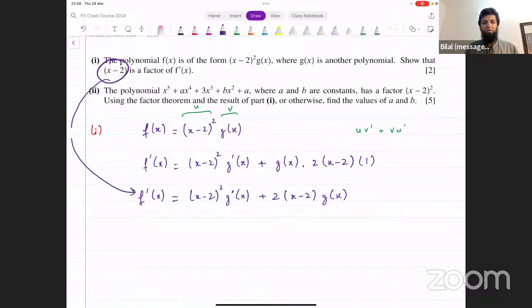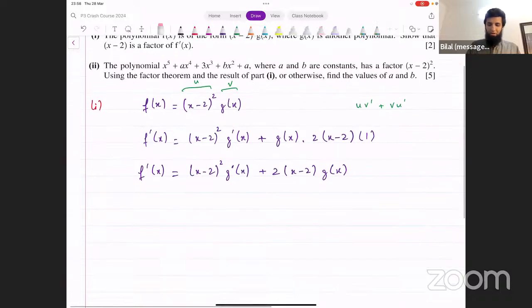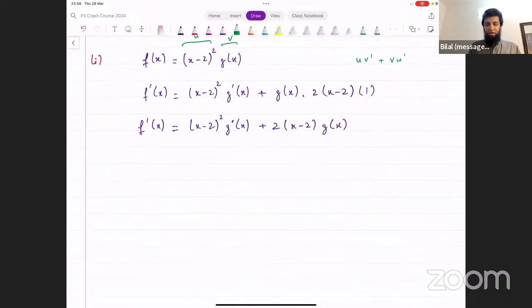Now, one way to think about that could be that you take x minus 2 common, and that will give you something like this inside brackets, x minus 2 multiplied by g dash of x plus 2 into g of x.